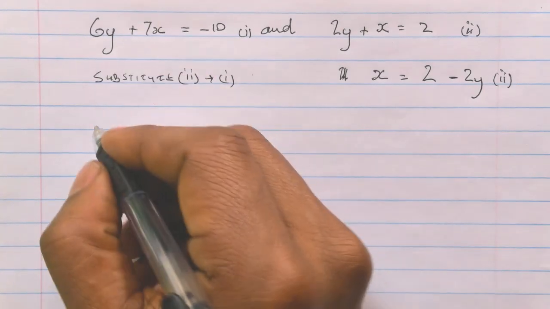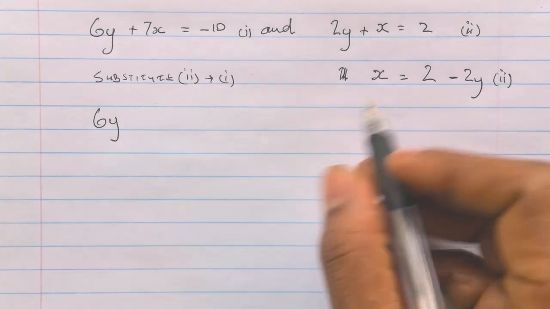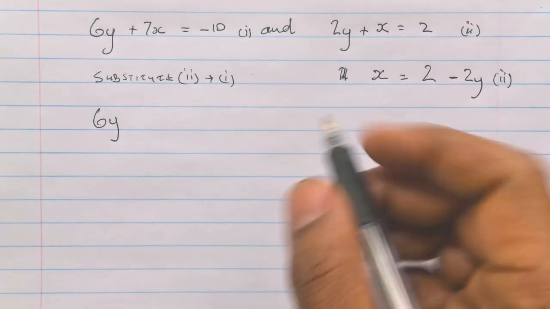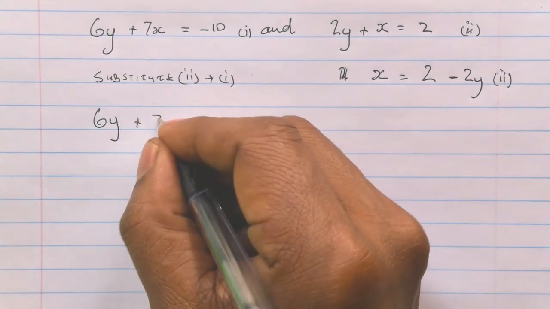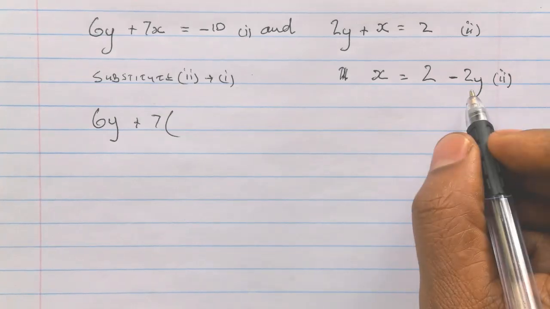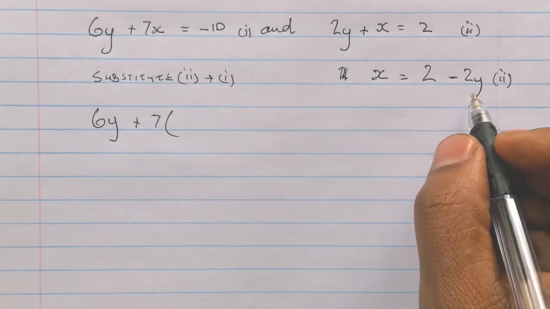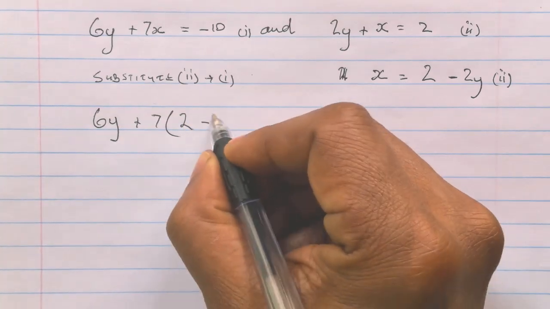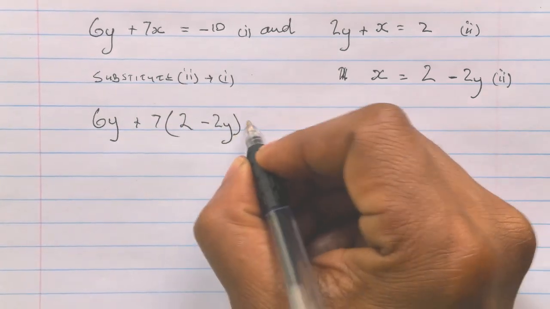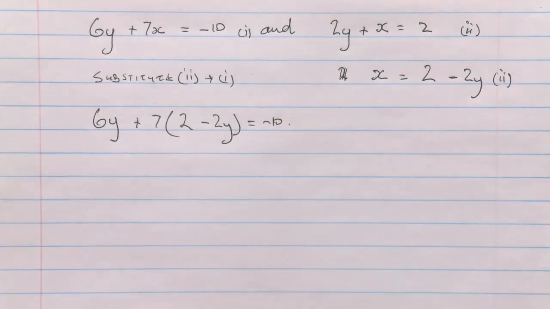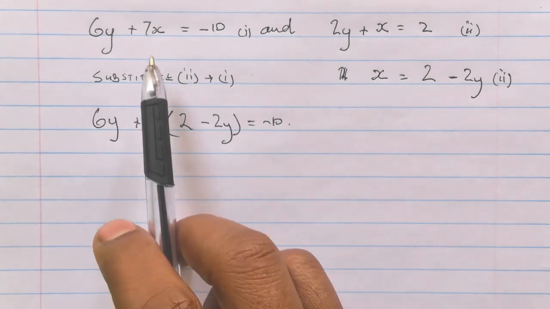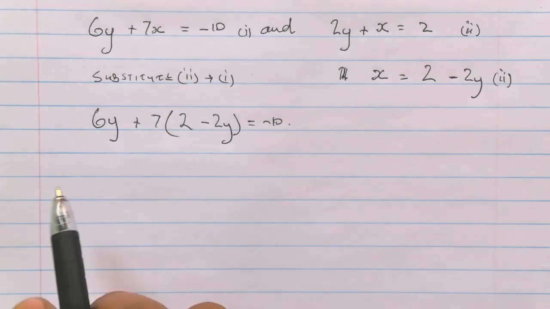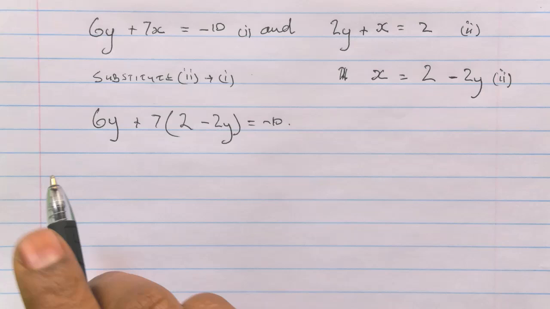So in this one, wherever there is this x, I will substitute with its form in terms of y. So I will say 2 minus 2y is equals to negative 10. All right. So I've simply replaced the x by 2 minus 2y.